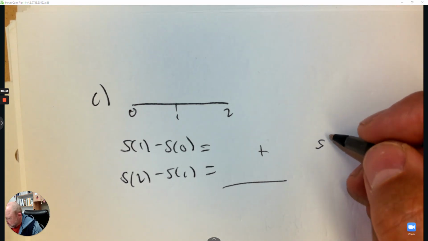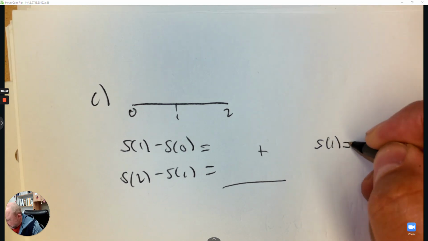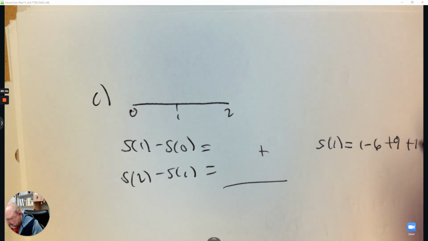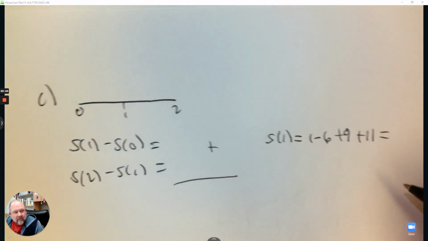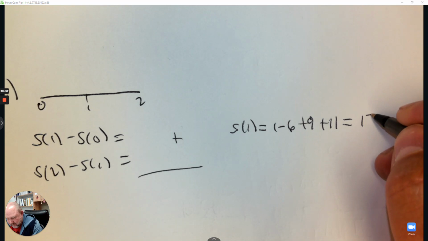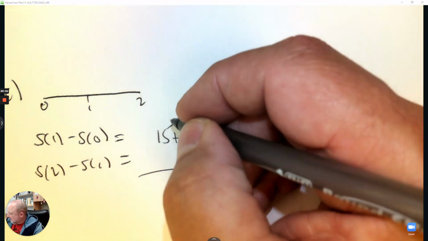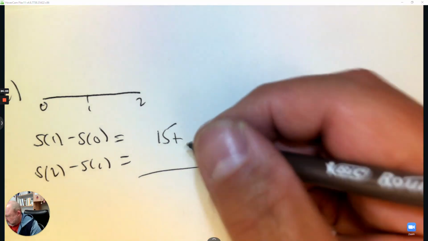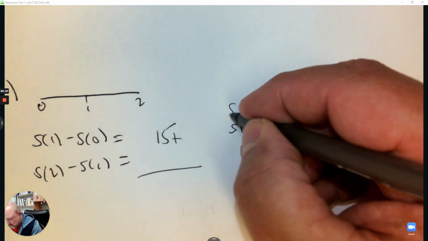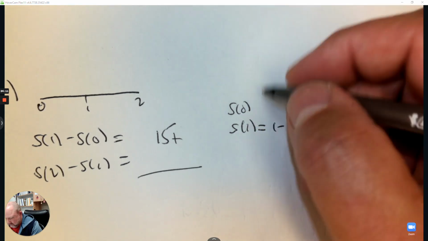So S at 1 is 1 take away 6 plus 9 plus 11. 21 take away 6, that's 15, right? Then, from 2 to 1, I know at 0, the answer is 11.